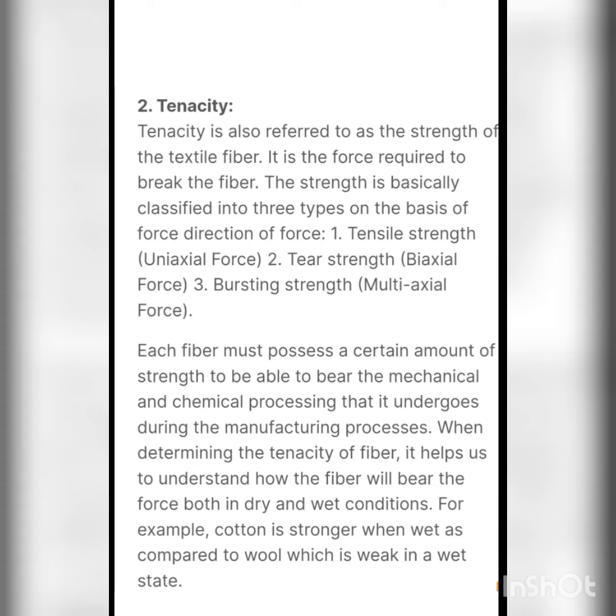Each fiber must possess a certain amount of strength to bear the mechanical and chemical processing that it undergoes during manufacturing. Determining the tenacity of a fiber helps us understand how the fabric will bear both dry and wet conditions. For example, cotton is stronger when it is wet, whereas some fibers are weak when wet.